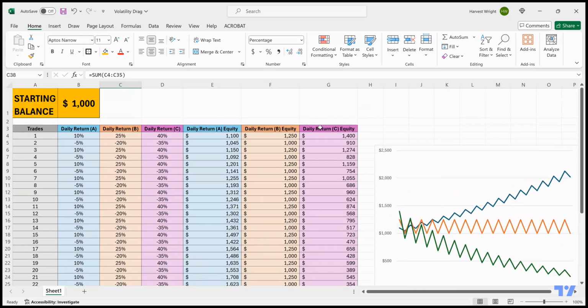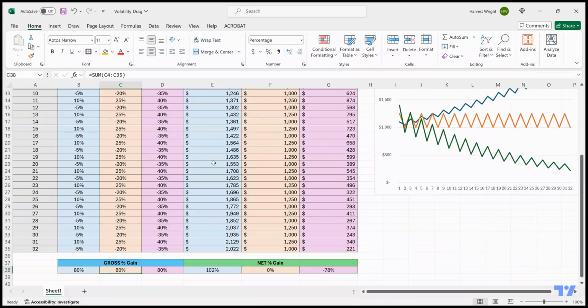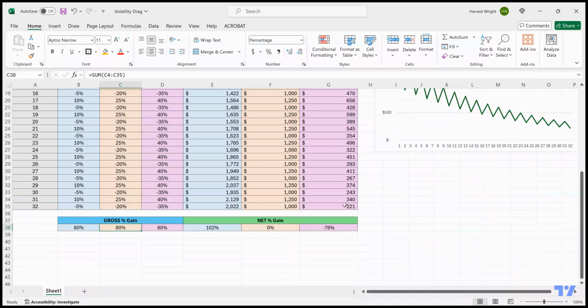And the third and final trader, who's been risking 40% and losing 35%, he is now down to $200. So he's lost 78% of his account, even though he's actually made 80% worth of trades, basically. So let's have a look at this graph.